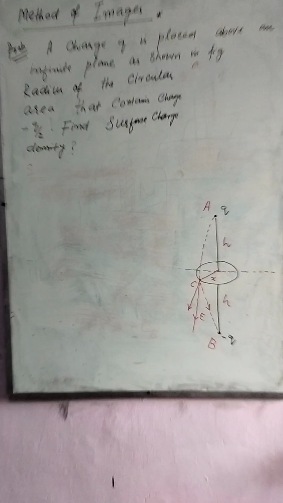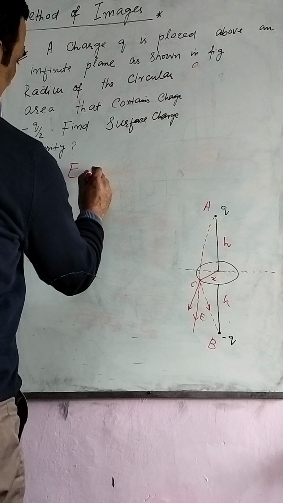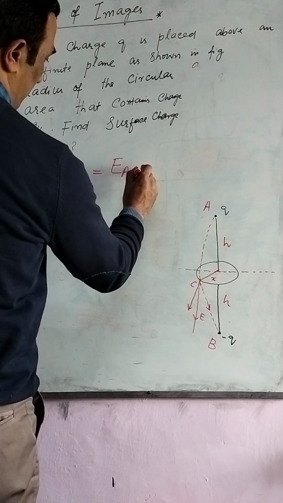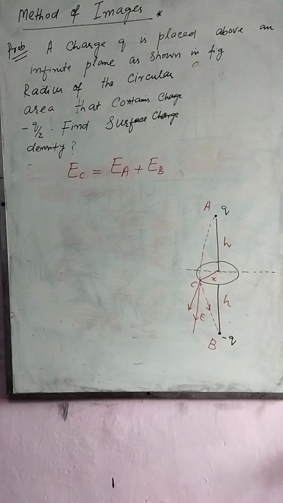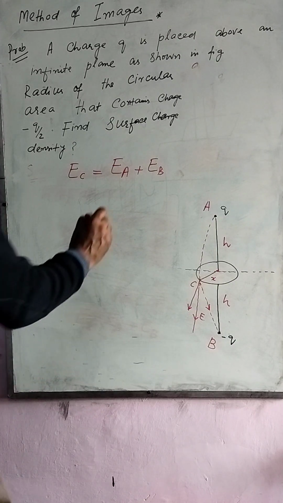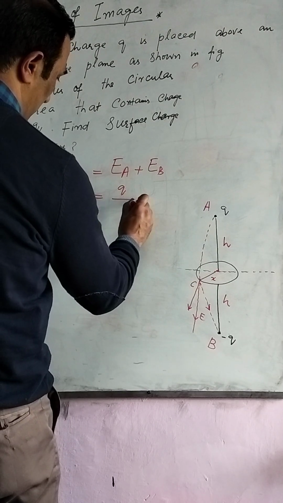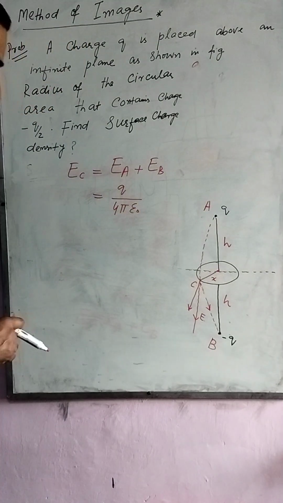What will be total E here? So total E at C will be equal to EA plus EB. Or you can write this as Q upon 4 pi epsilon naught, right?